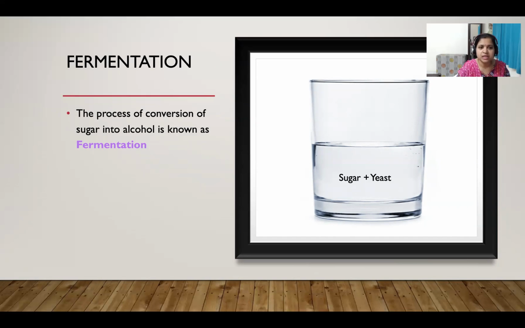So the process of conversion of sugar into alcohol is known as fermentation. So that's why yeast are utilized. By the process of fermentation we can prepare alcohol or wine from different kinds of cereals, for example from rice, wheat, barley.